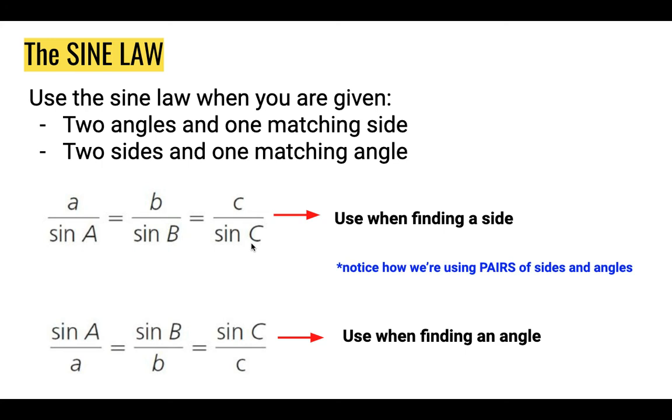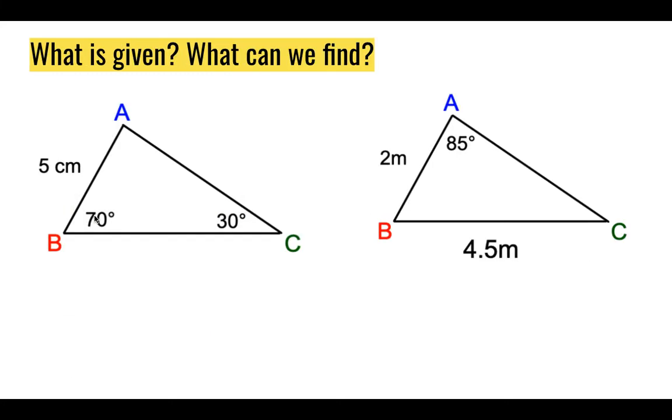So I do want you to notice that we are using pairs of sides and angles. With the sine law, you're going to be working with A's and B's or A's and C's. You're not going to have all three, A, B, and C, okay? So let's take a look at these two triangles and figure out what sides and angles are given and then what side or angle we can find.